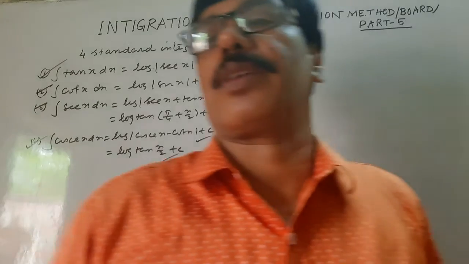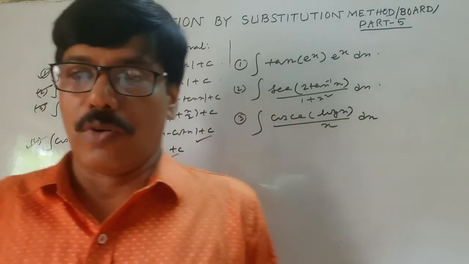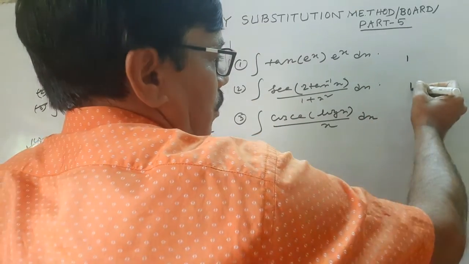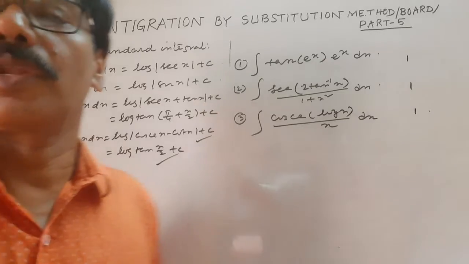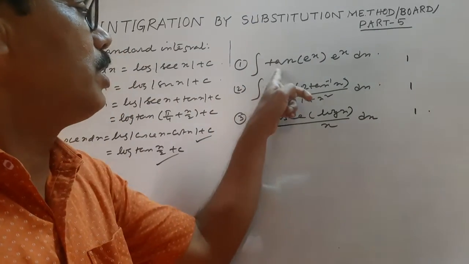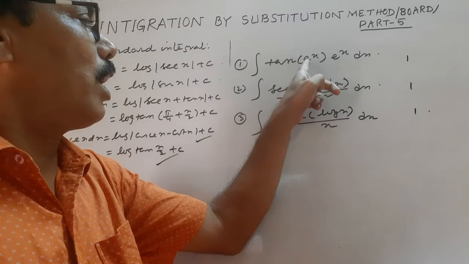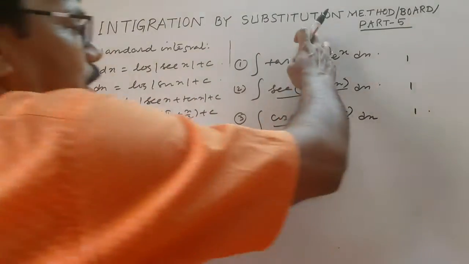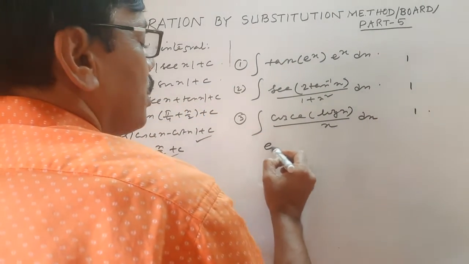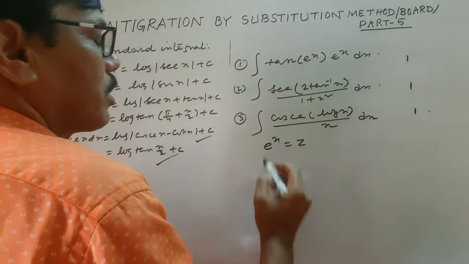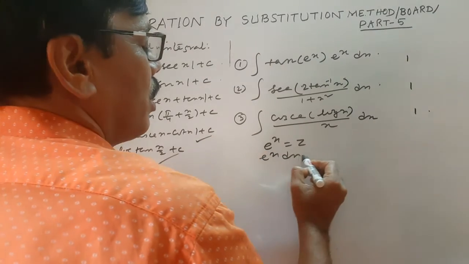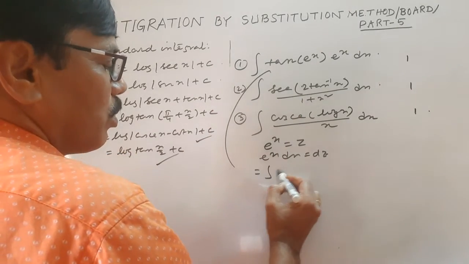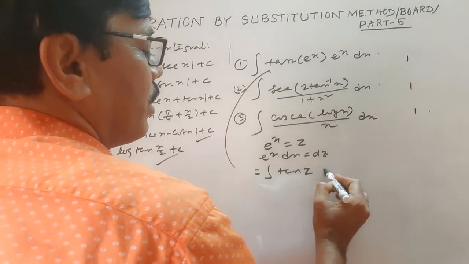Now application of these results. These are all 1 mark problems. Now look, we know integration of tan when the argument is linear algebraic. Now e to the power x is not linear. So what is the transformation? e to the power x equals z, so e to the power x dx equals dz. This transforms to tan z dz.